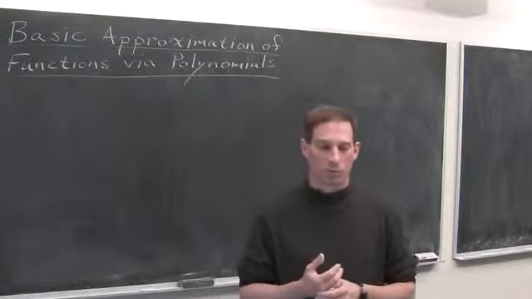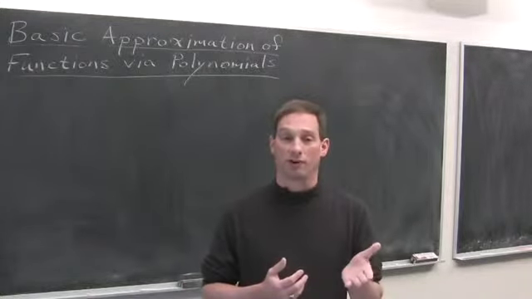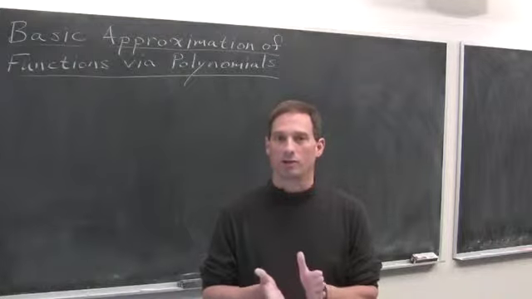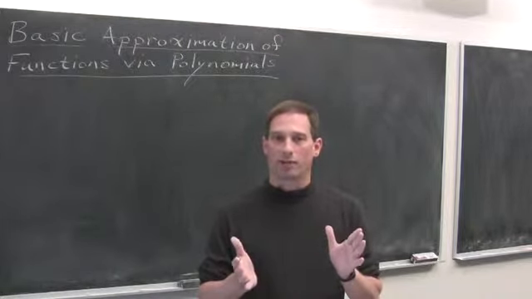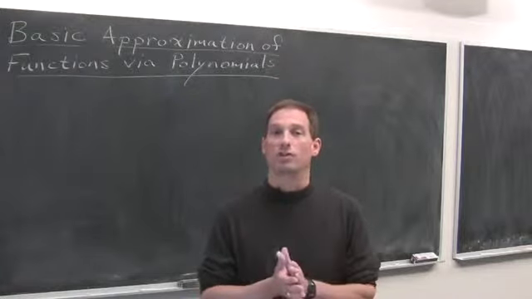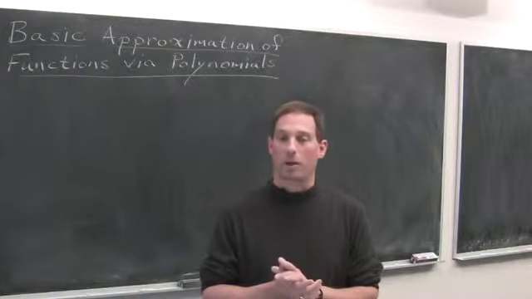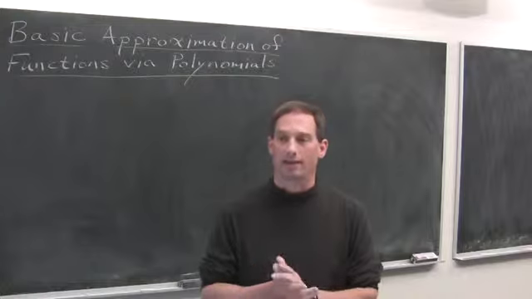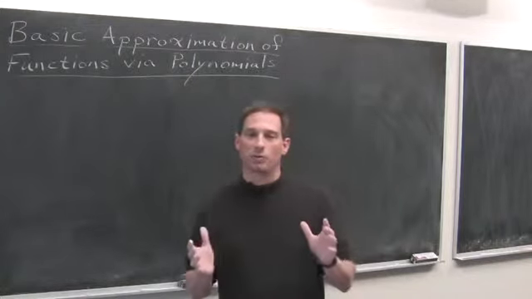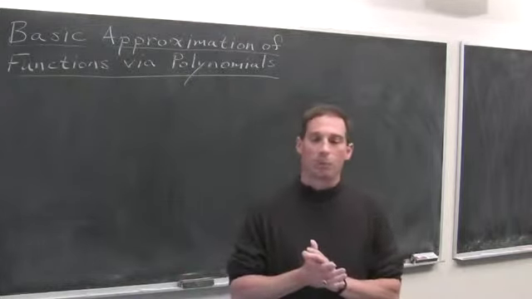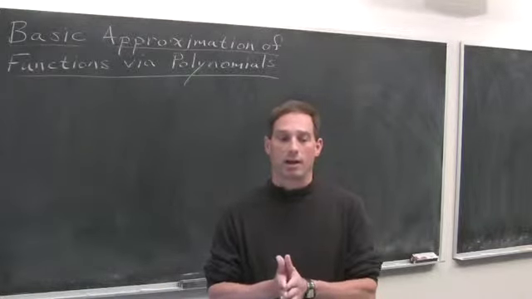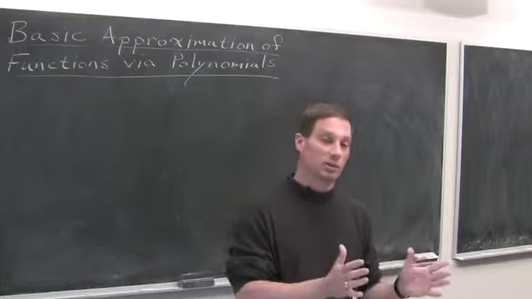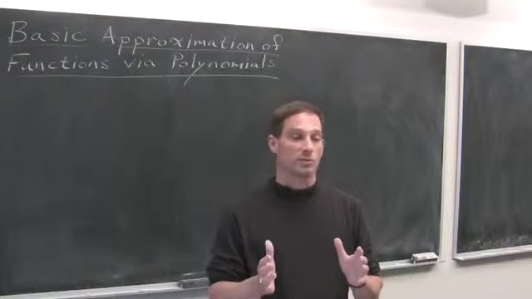In the last section, we started with polynomial functions, and we saw how you could approximate them well for x near what we were calling the center of the polynomial. So for a polynomial centered at a, so a polynomial written in terms of powers of x minus a, you can approximate that polynomial well for values of x near a by using the lowest degree terms, not the highest degree terms.